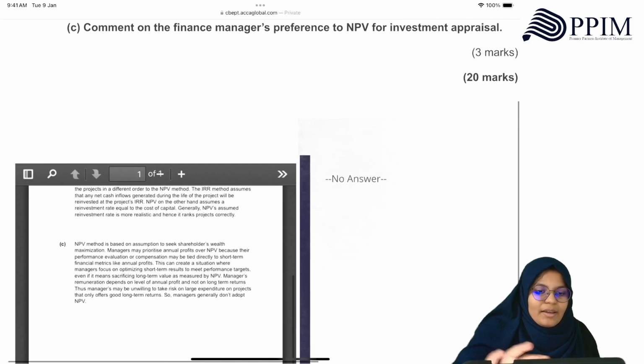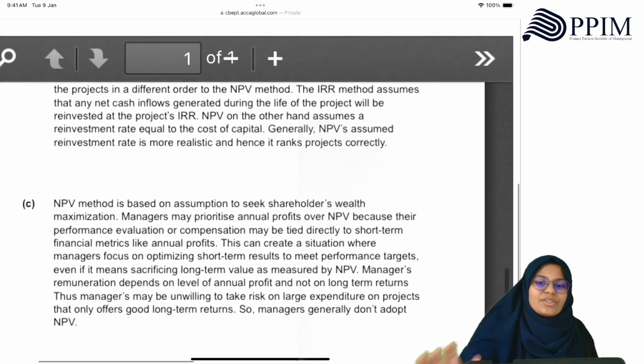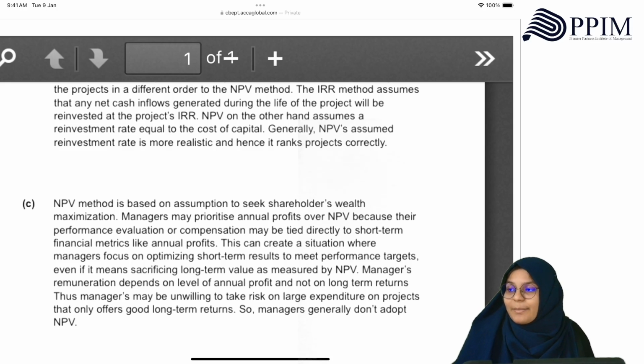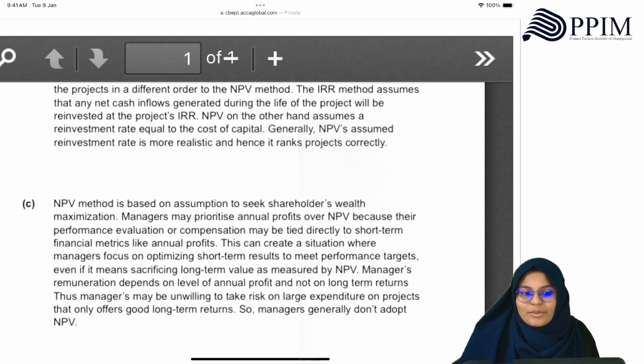NPV is based on the assumption to seek shareholder wealth maximization, whereas managers will prioritize profits because their compensation, their bonuses, all of them might be aligned with profits and not shareholder wealth maximization. So this can create a situation where managers focus on optimizing short-term results to reach performance targets, even if it means that long-term value is sacrificed, as measured by the NPV.